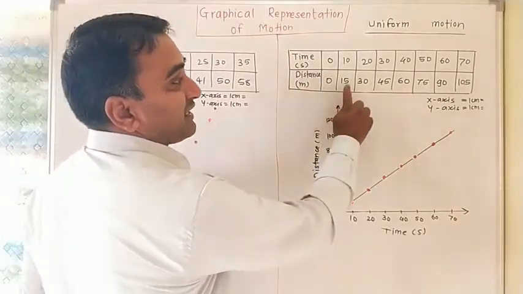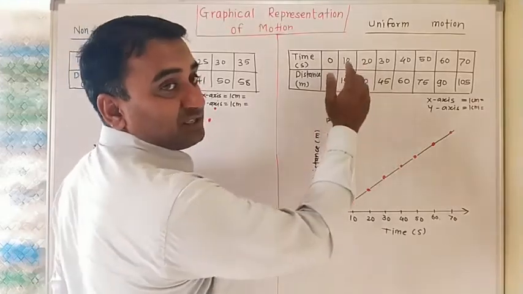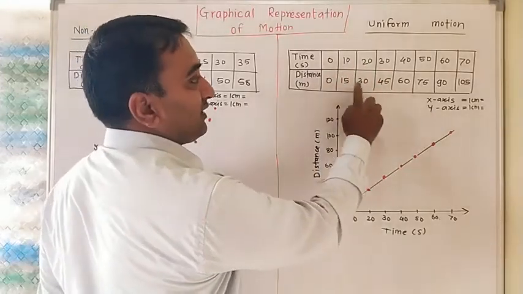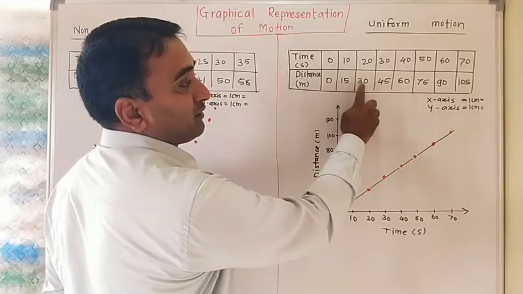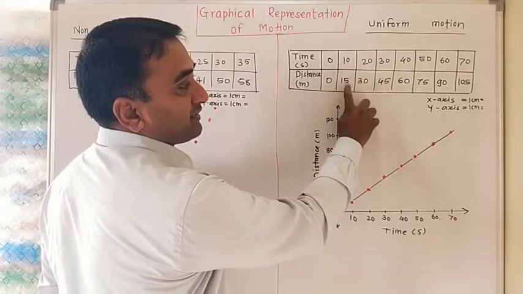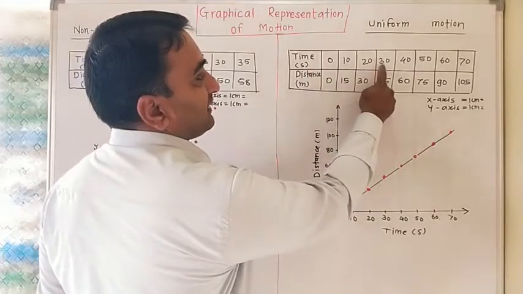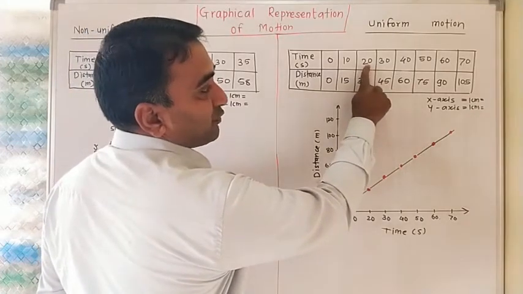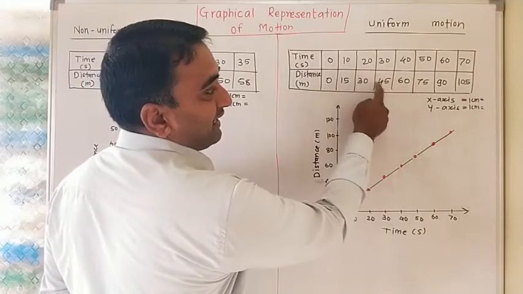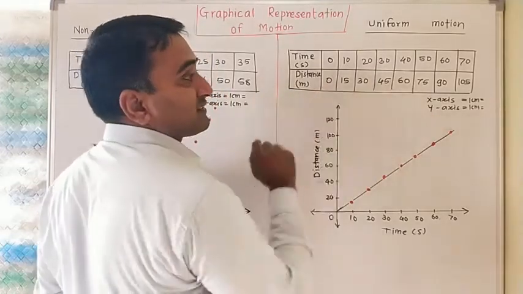In the first 10 seconds we have 15. In the second 10 seconds, 10 to 20, again 15, that means 30. 30 minus 15, again 15. At 30, the distance covered by the object is 45.